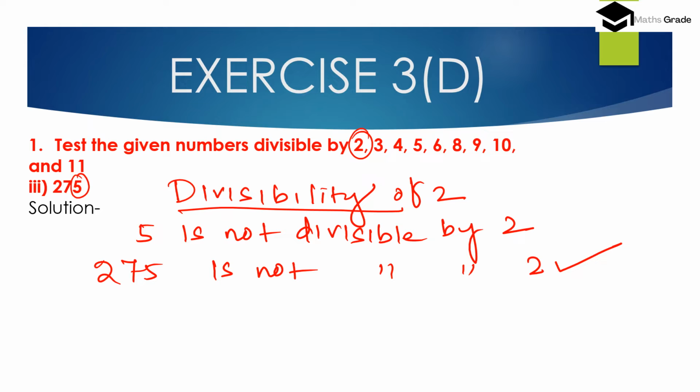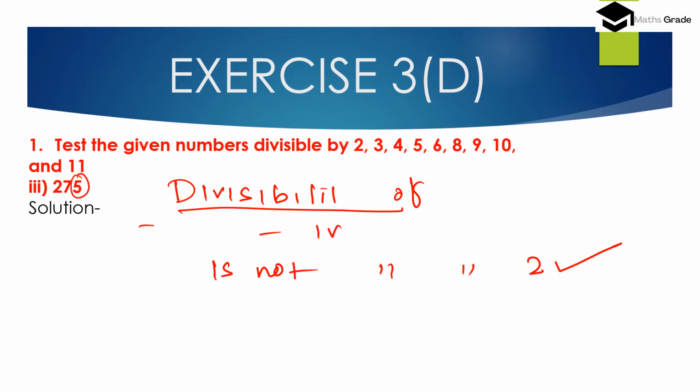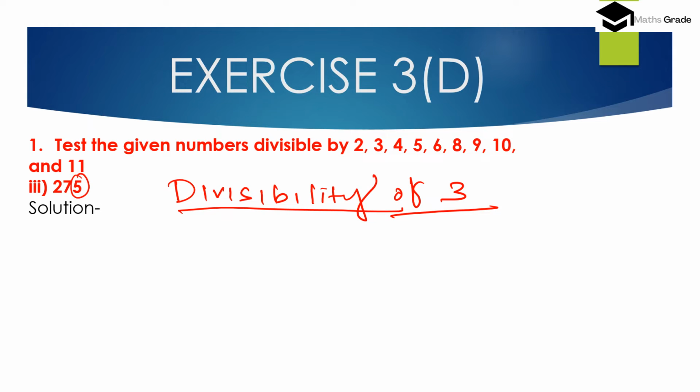Now we will check whether this number 275 is divisible by 3 or not. We know if the digit sum of the number is divisible by 3, then the number is divisible by 3.